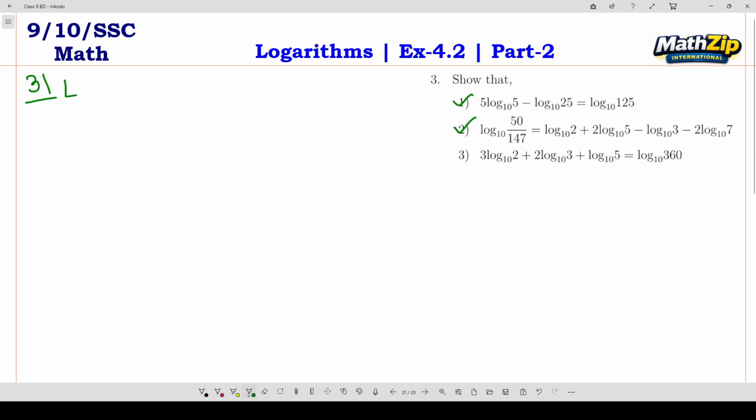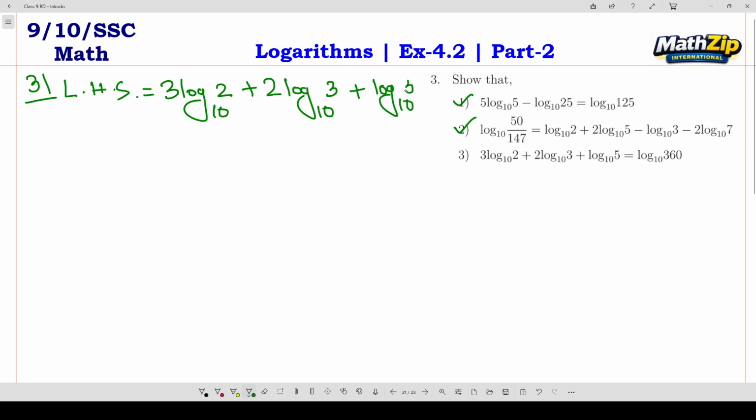Same thing, here is the left hand side, 3 log base 10 2 plus 2 log 10 base 3 plus log 10 base 5.